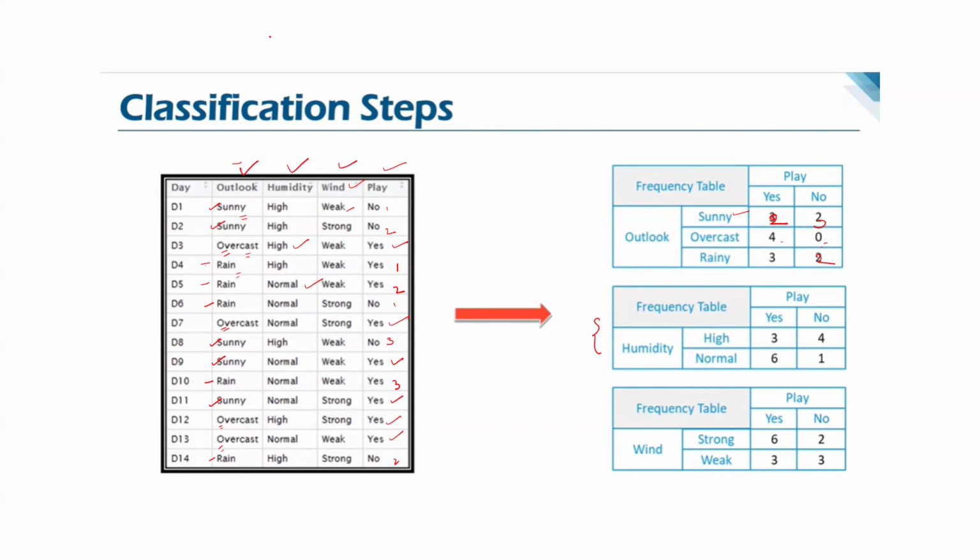So here, I'm writing sunny, overcast, rainy, and one is yes, one is no. As per this, we know that it is 2, 3, and 4, 0, 3, 2. This is the frequency table.